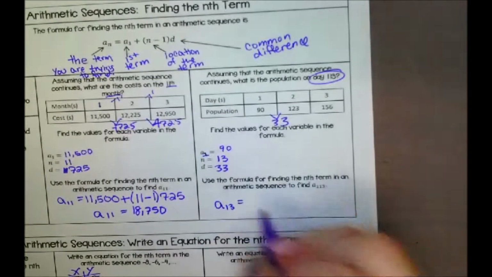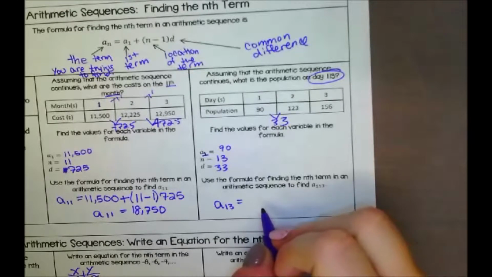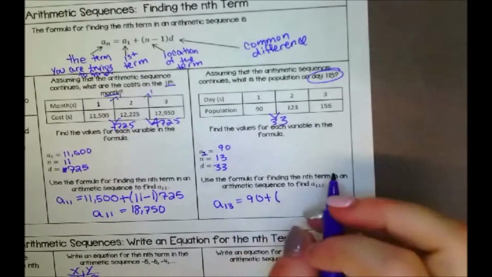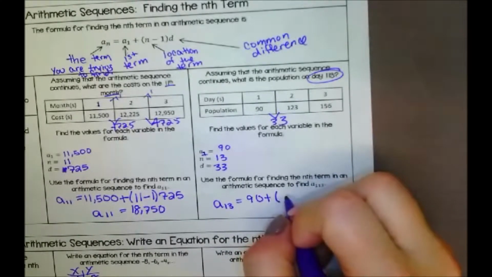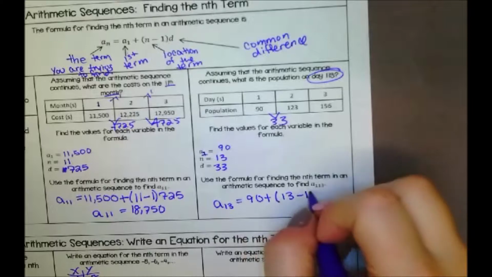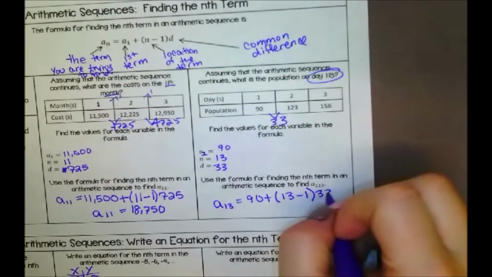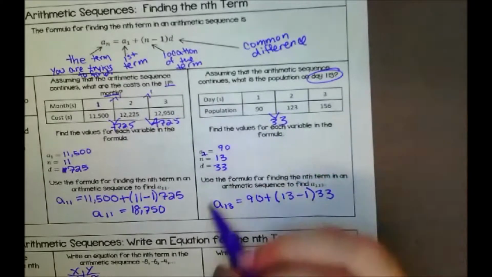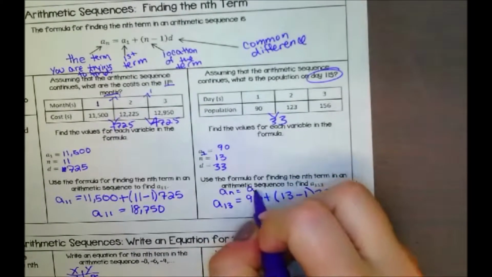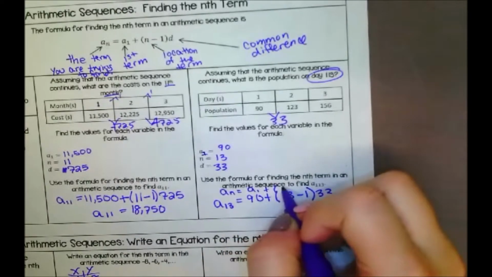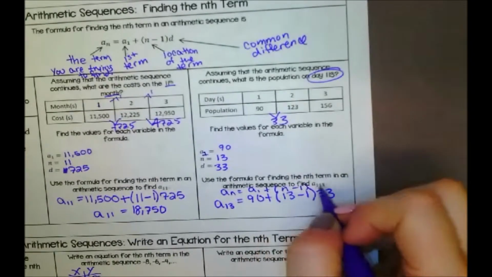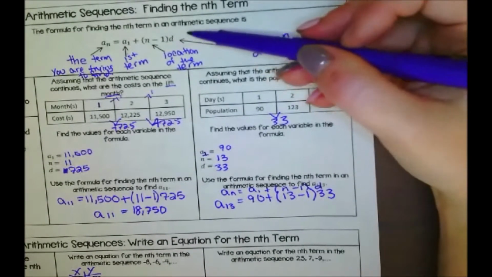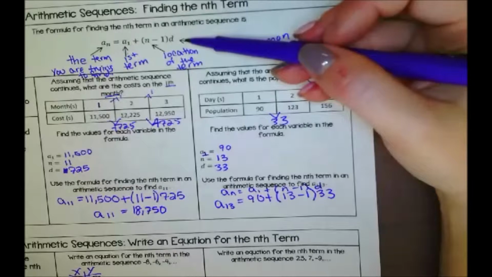So we want the 13th term, starting with 90, and then you want the 13th term minus the first times the common difference of 33. So you're just plugging these things in. You have a sub n equals a sub 1, first term is 90. Nth term is 13 minus 1 times the common difference. So I'm just constantly referring back up here to this equation.